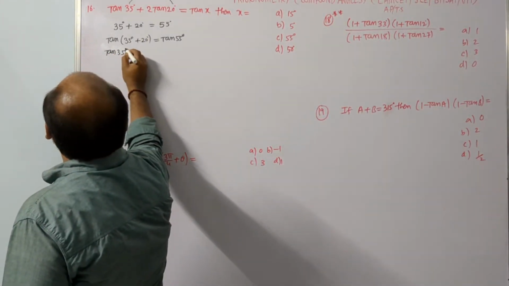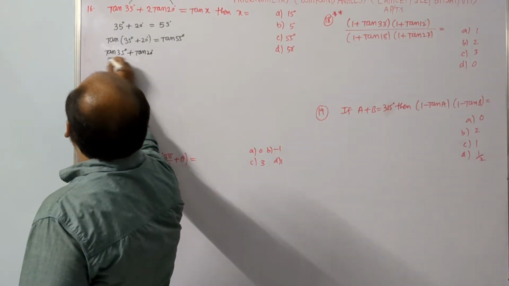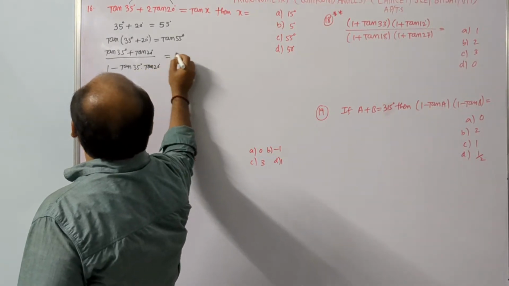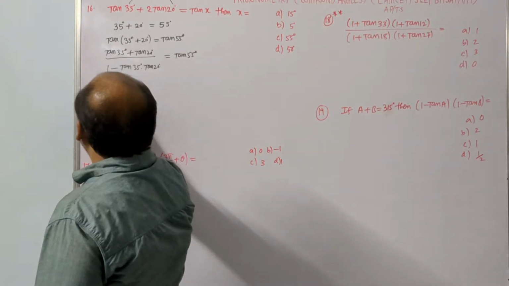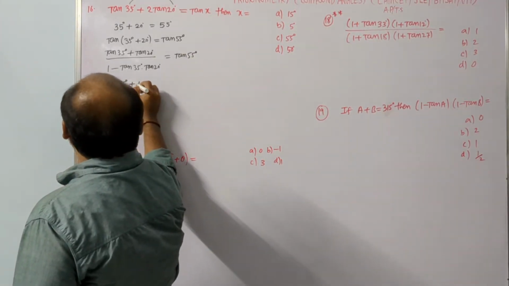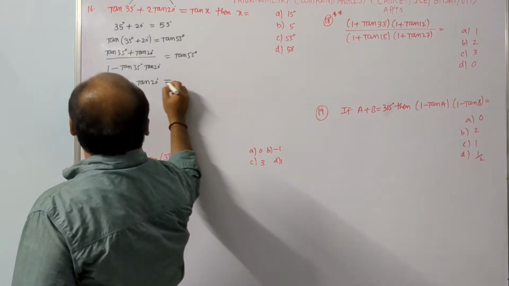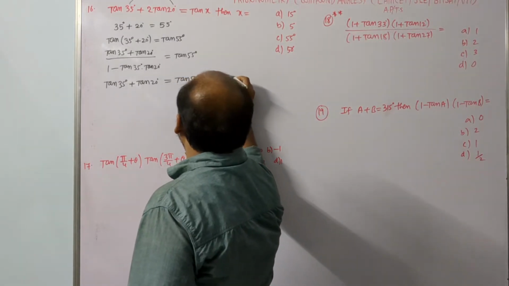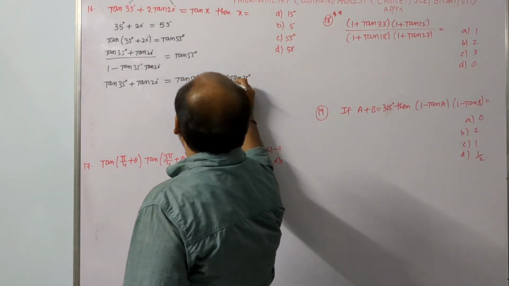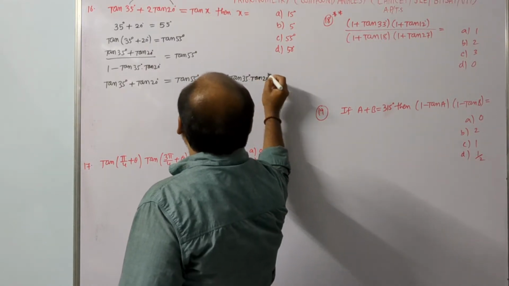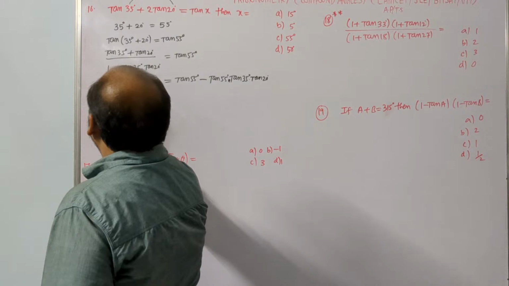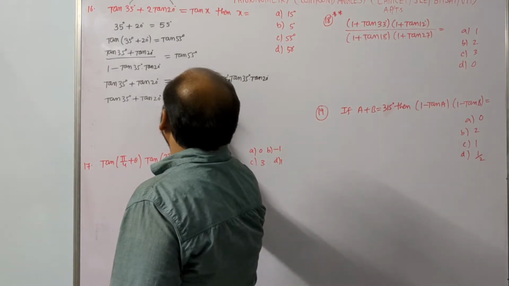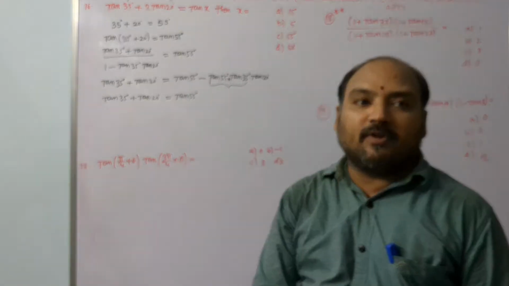So tan 35 plus tan 20 divided by 1 minus tan 35 into tan 20 is equal to tan 55. Cross multiplication: tan 35 degrees plus tan 20 degrees is equal to tan 55 minus tan 55 into tan 35 into tan 20. Tan 55 into tan 35 value is equal to 1.